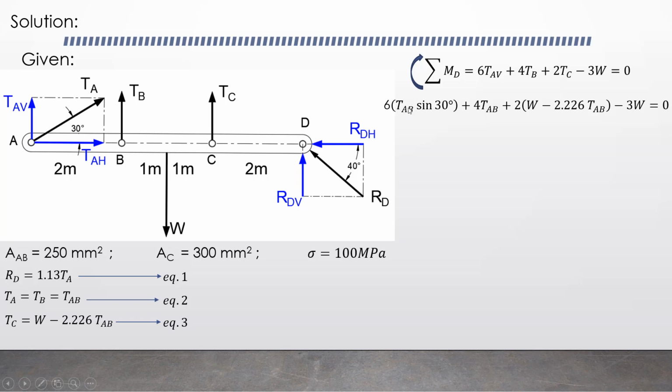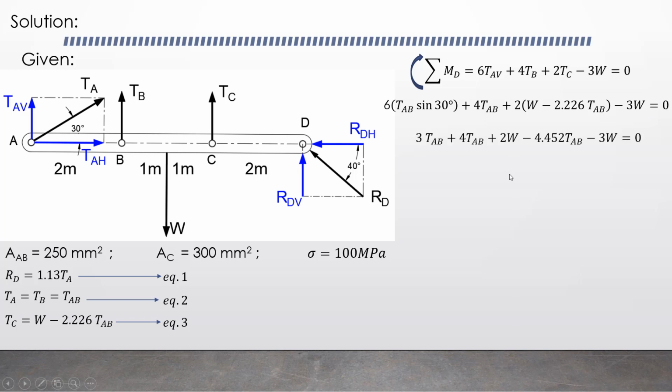Okay, so getting the sign, we just replace this TB with TAB, and then substitute the value of TC, which is equal to W minus 2.226 TAB, and then subtract 3W, and again equate our moment equation to 0.